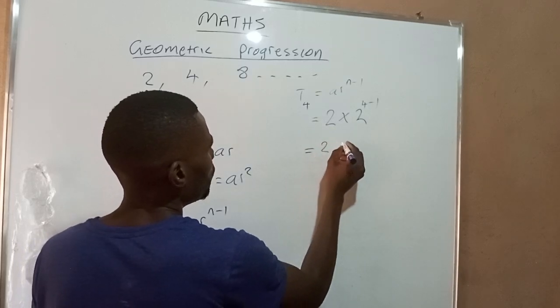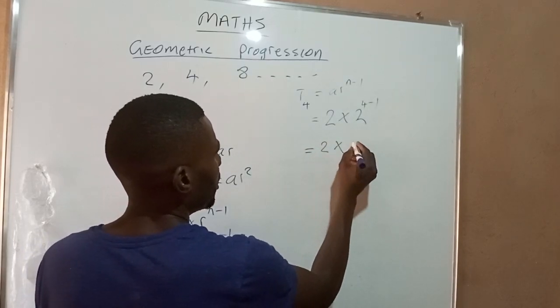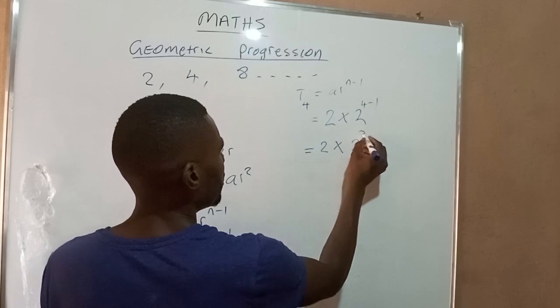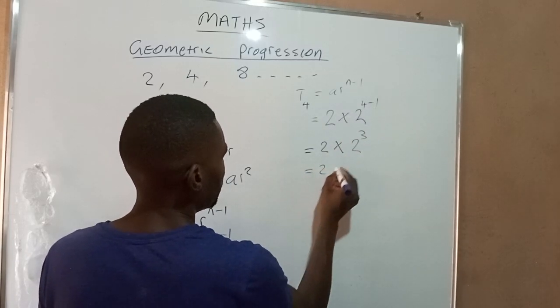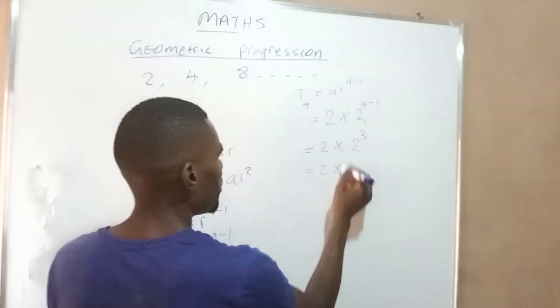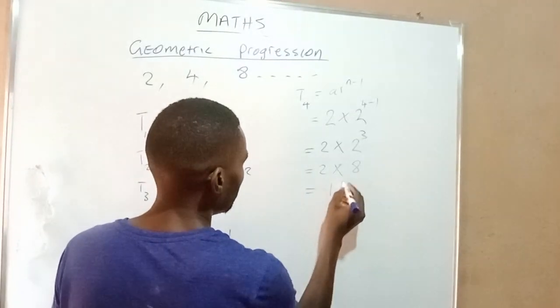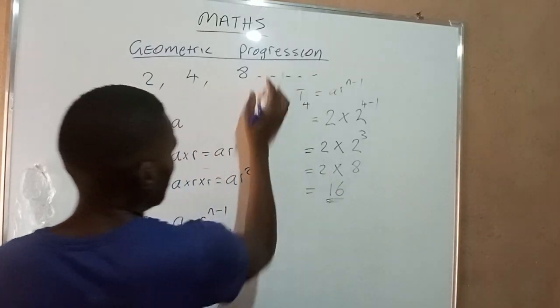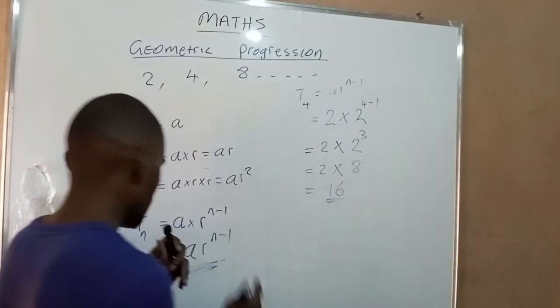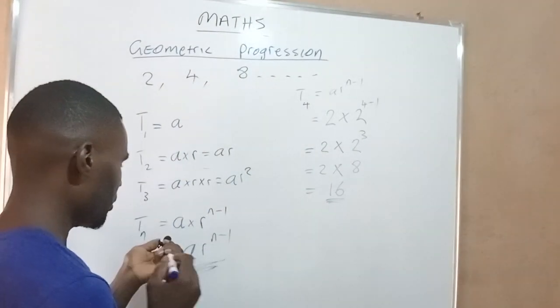So this would be 2 times 2 to the power 4 minus 1, which is 3. So 2 to the power 3 is 8. 2 times 8 is 16. So our term number 4 there is what? 16.